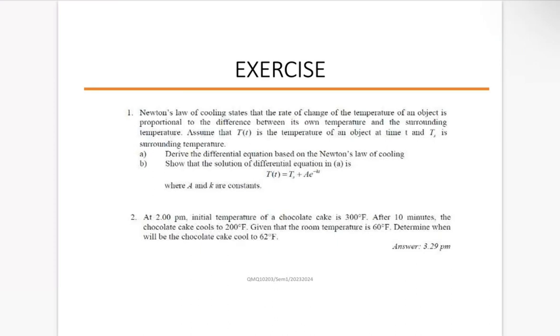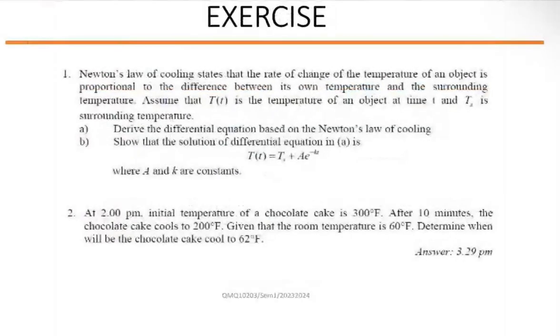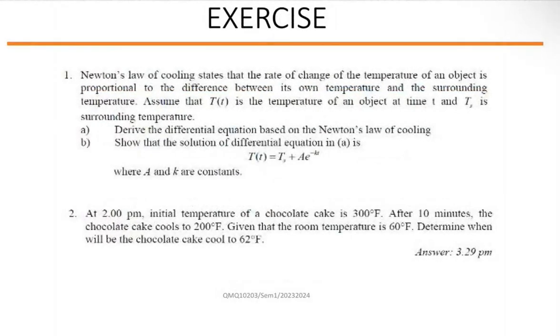In case there is a question asking you how to derive, then you need to derive it, as I showed you earlier. In this exercise, we also have one question. Question number one. Newton's law of cooling states that the rate of change of temperature of an object is proportional to the difference between its own temperature and the surrounding temperature.